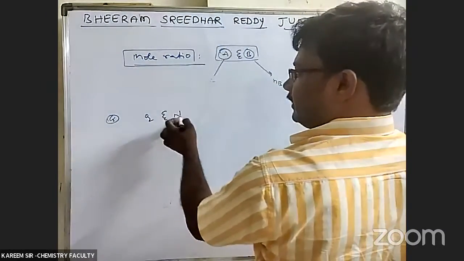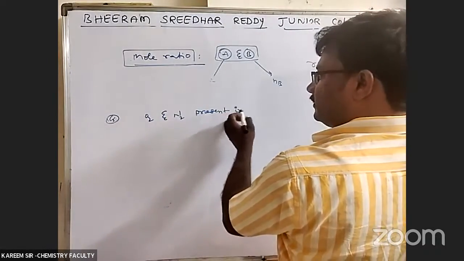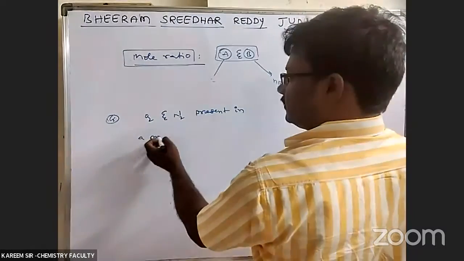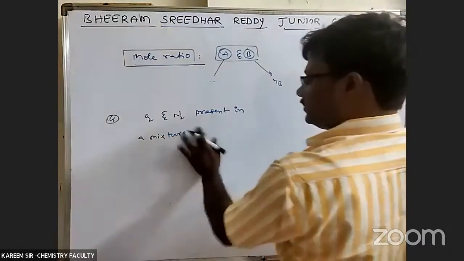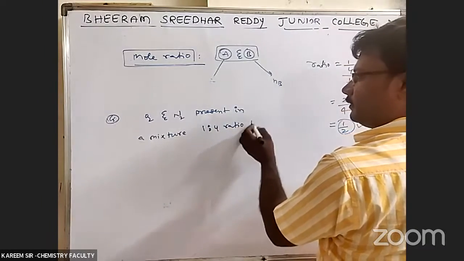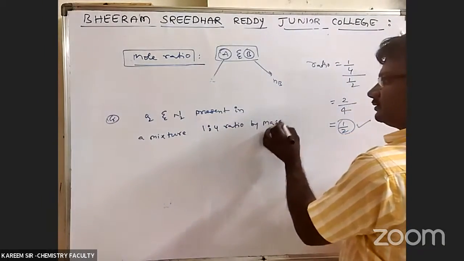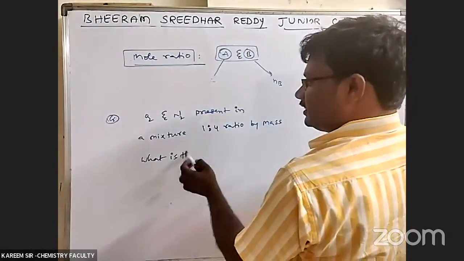Oxygen and nitrogen are present in a mixture in a 1:4 ratio by mass. What is their mole ratio?